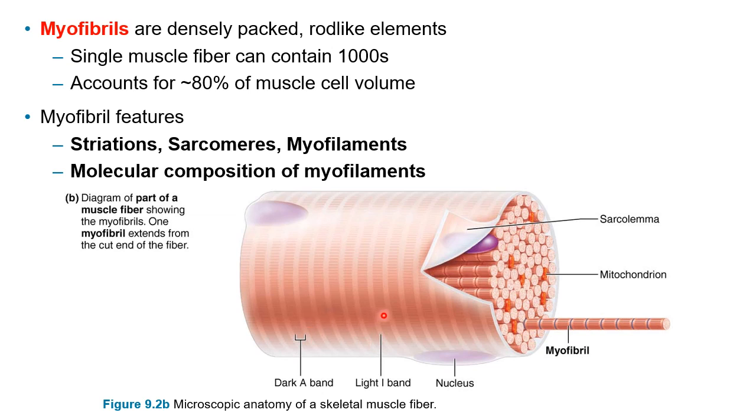And also notice here that you have several nuclei under this membrane that has a special name, the sarcolemma, your special membrane that covers your muscle cell. So myofibrils make up these fibers inside of the muscle cell.